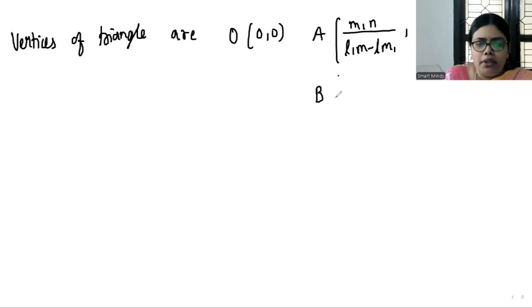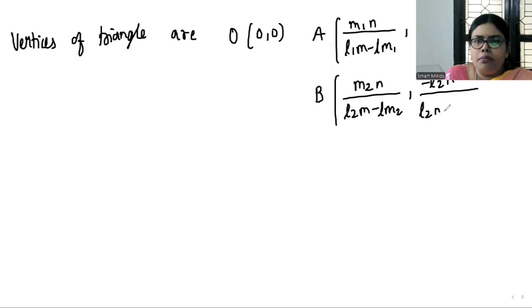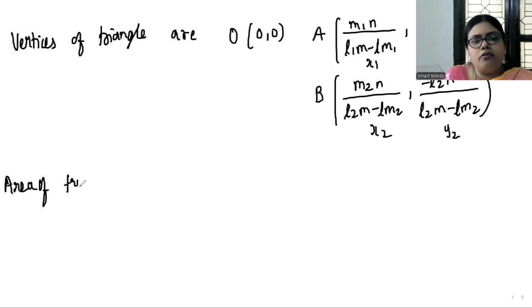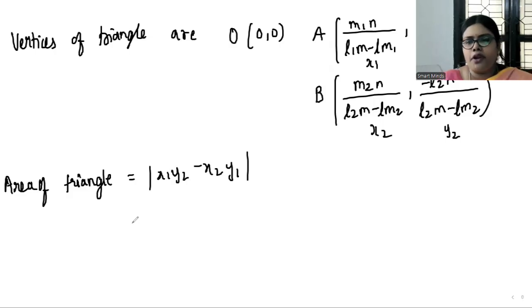Then what is point B? M2N by L2M minus LM2, minus L2N by L2M minus LM2. Now let us take this as x1, y1, this as x2, y2. So how do you get the area of the triangle? What is the area of triangle formula when one vertex is origin? It is mod of x1y2 minus x2y1. This is the formula for the area of a triangle when one vertex is origin.